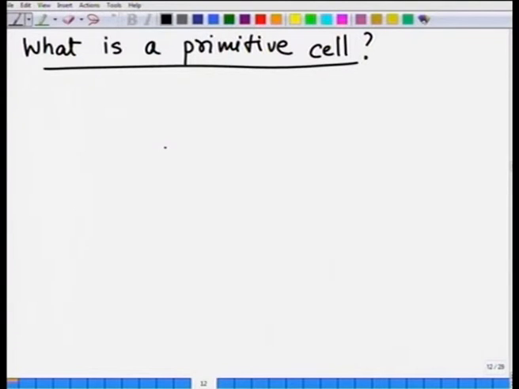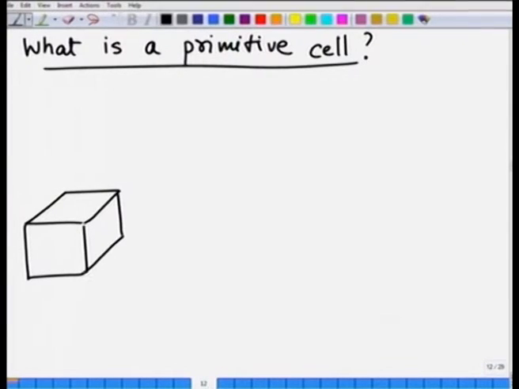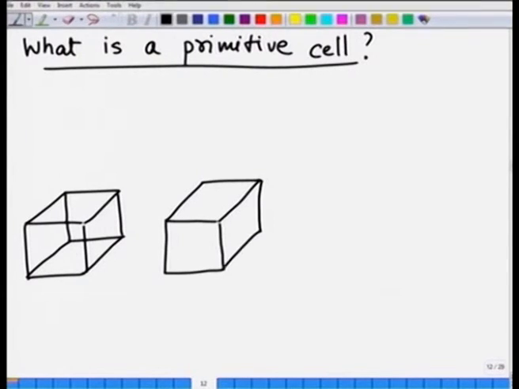When we looked at cubic, it came in 3 versions. Let me draw one more cube first.